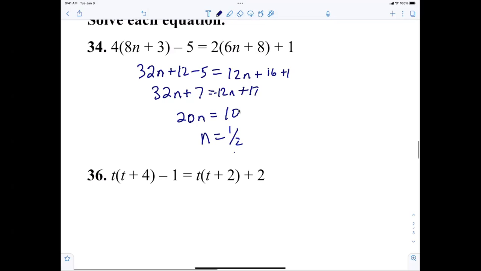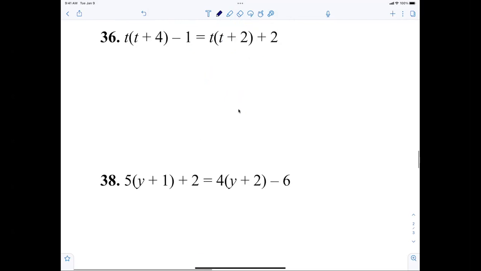All right, come on now. 2t, t times t is what? What do you do with the exponents when you multiply? Add them. So t to the second. Yes.